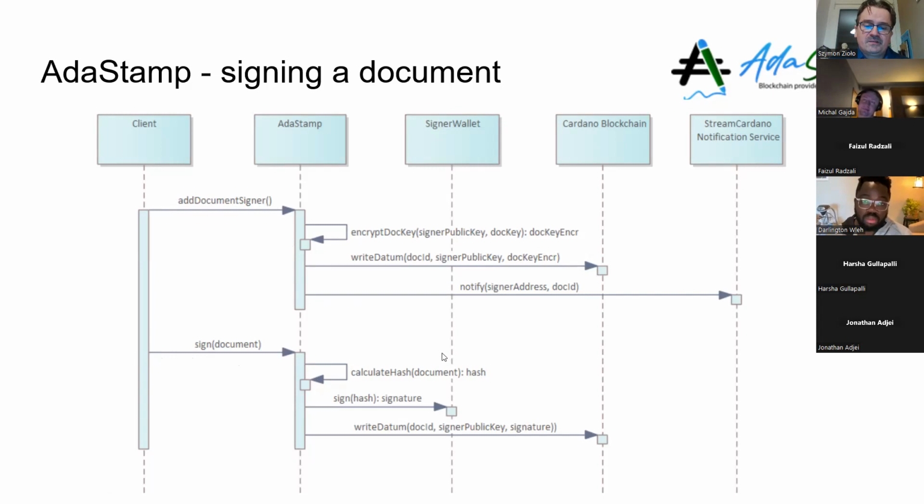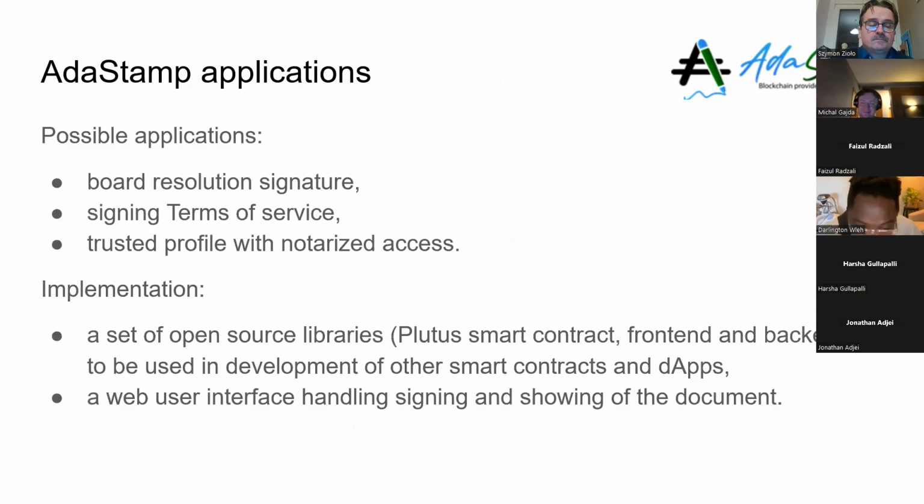Then his wallet will prepare the signature, which will be stored just on the blockchain. So verifying the signature is just getting it from the blockchain as it is stored here. Okay, so that's more or less the idea.